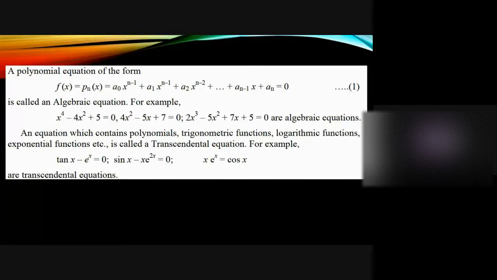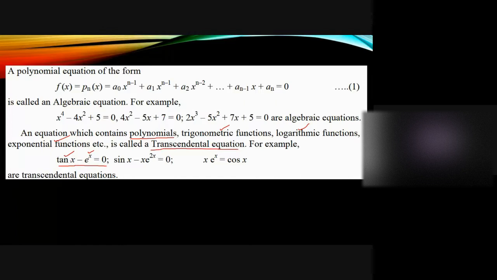So it's very clear: in addition to the polynomial, we have trigonometric, logarithmic and exponential functions. The examples include tan x minus e raised to x is equal to 0. You have the trigonometric function and the exponential function, and if you rearrange the equation, tan x is equal to e raised to x.